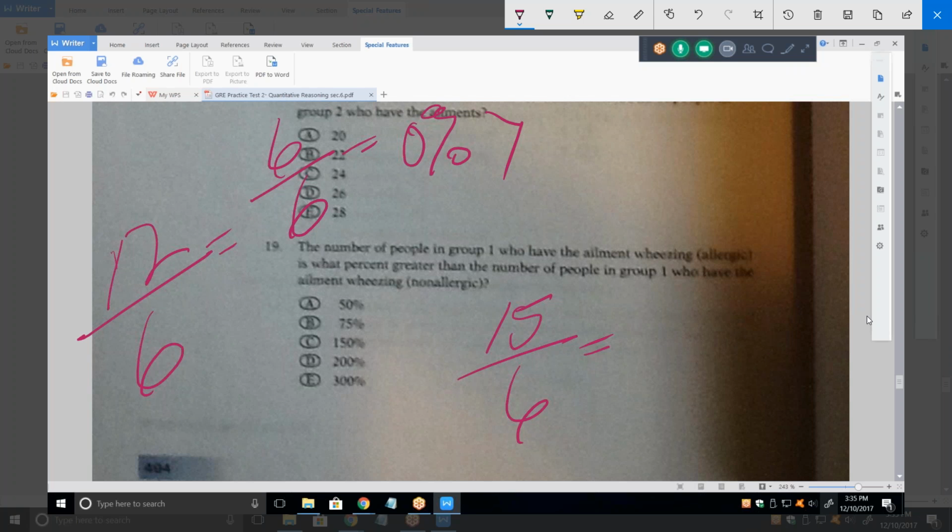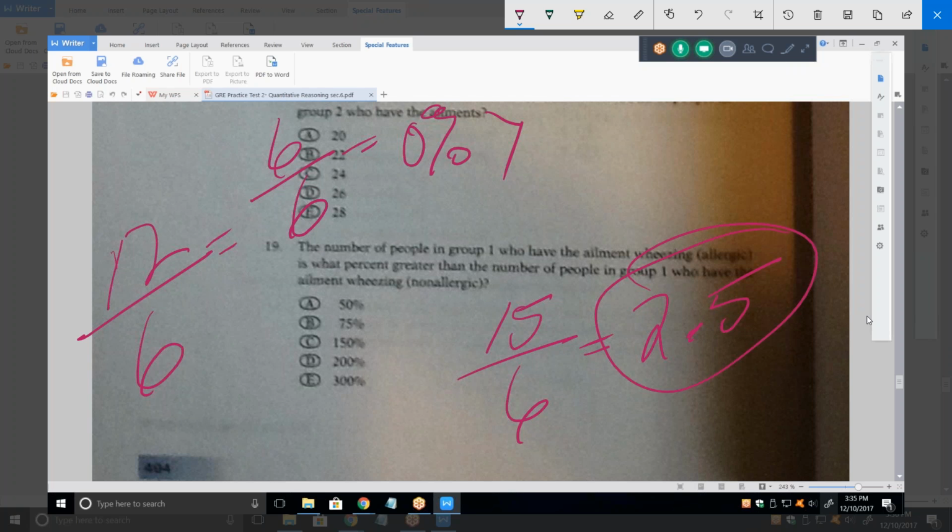Right. So you take the two numbers, you divide them, and then you subtract basically 1. So when I divide 15 by 6, I get 2.5. And thankfully, they did not put 250% on there as an answer. So we know there's something wrong with this answer if this is what we did.